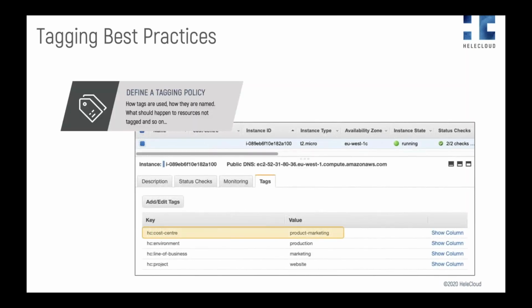And whatever your use of tags, you'll want to take a considered view towards it, which means that you should define a tagging policy that embodies the best practices that we're talking about here, but also consider such things as naming conventions for your tags. This is doubly important because tags aren't hierarchical, and the tag universe is effectively flat. And in this example, you can see that I have 2 tags that we use for cost control, a line of business and a cost center that I've highlighted here.